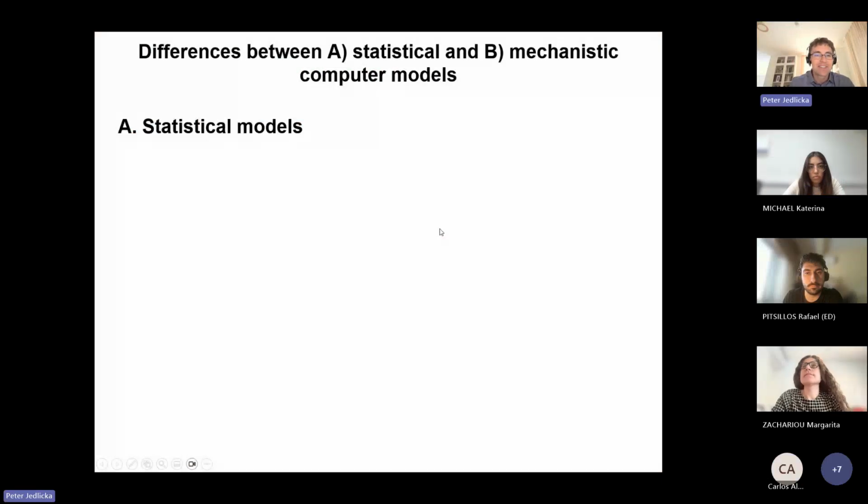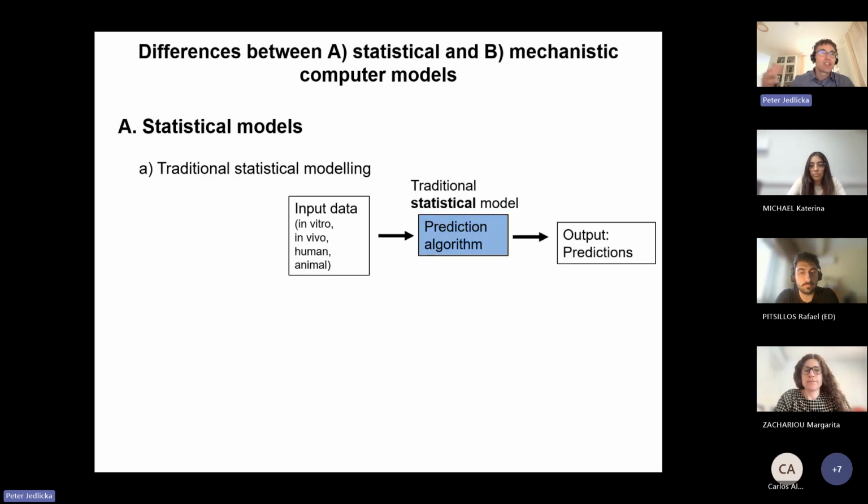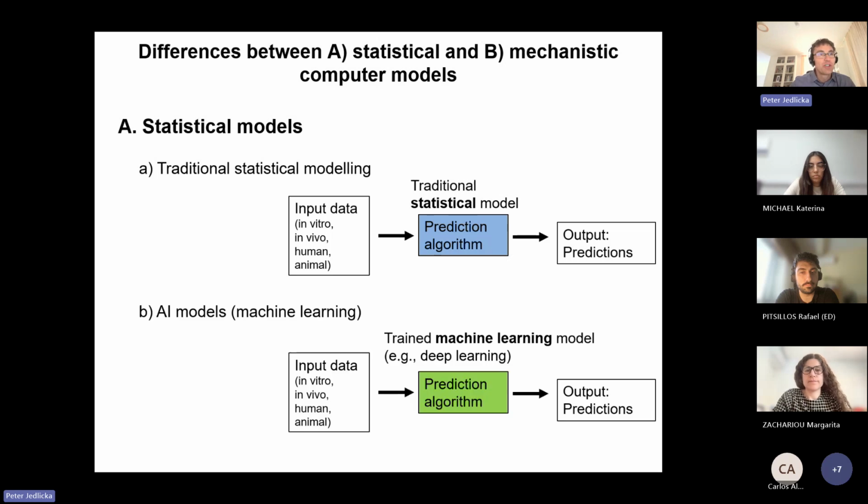Statistical models and mechanistic computer models. So statistical models, and here I mean both traditional statistical models like linear regression, but also the modern machine learning models, AI models. These statistical models capture the patterns between inputs and outputs, and then you train them either using deterministic methods, as is the case for traditional models, or stochastic methods.